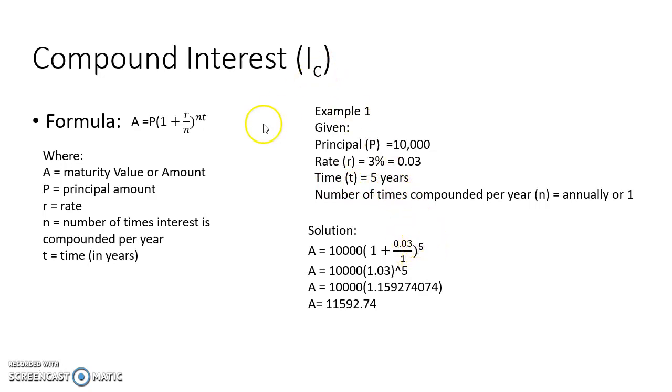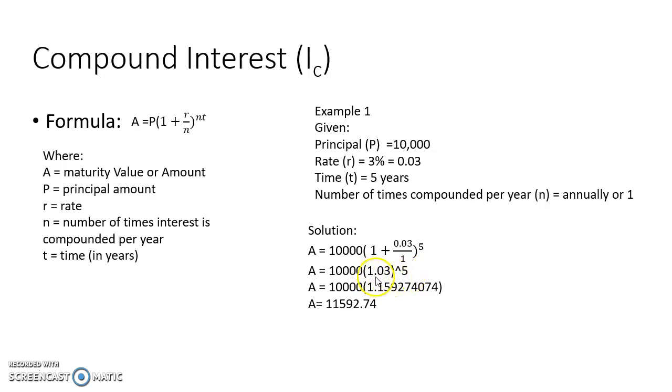So if you look at the formula, that's N times T. But our N is 1, so 1 times 5 is just 5. So equals 10,000 times, we simplify this one first. 0.03 divided by 1 is 0.03 plus 1, so 1.03. This symbol is another symbol for exponent. Okay, so the exponent is 5.